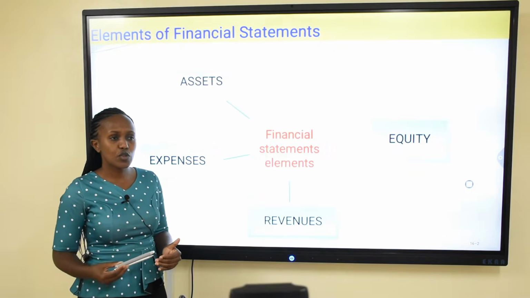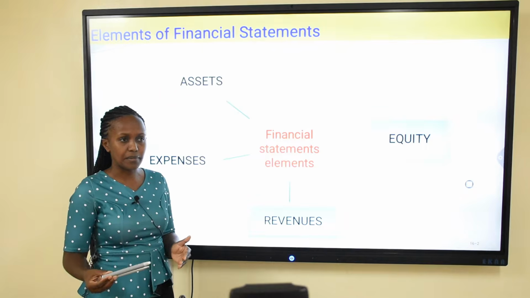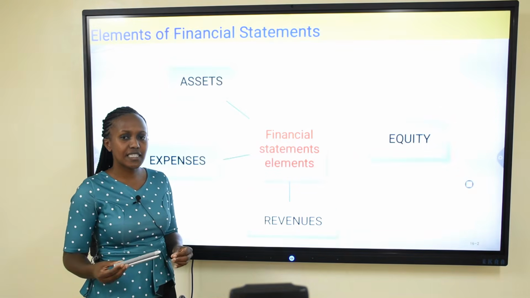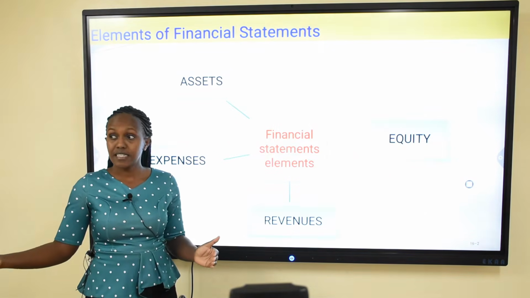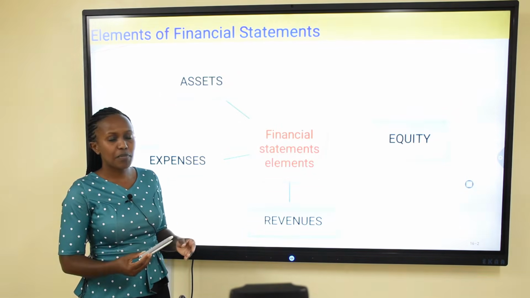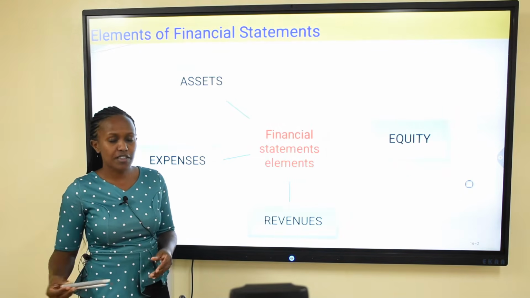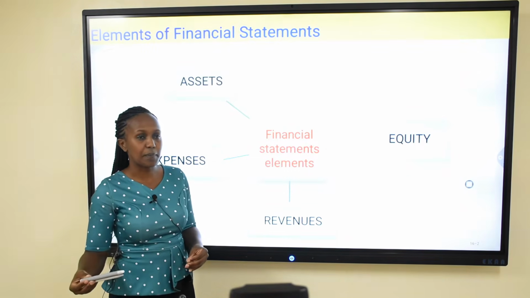Other revenues would also include rental revenue or rental income. This is where maybe a business has a big facility, maybe a building that it is not utilizing. It may give part of that building to other people or rent it out, and they are going to be receiving rental income.